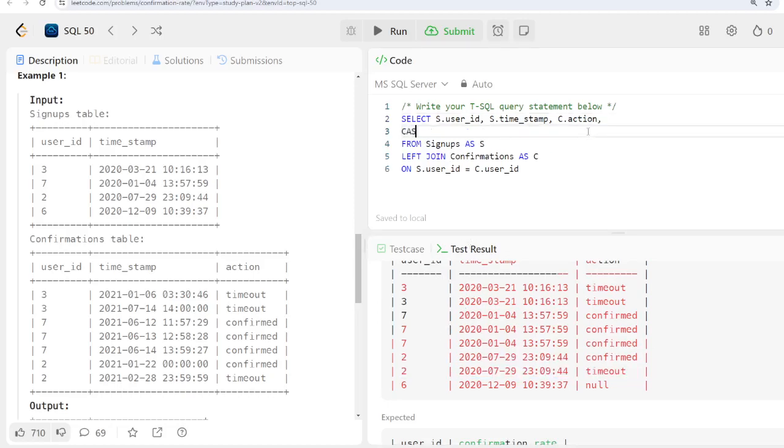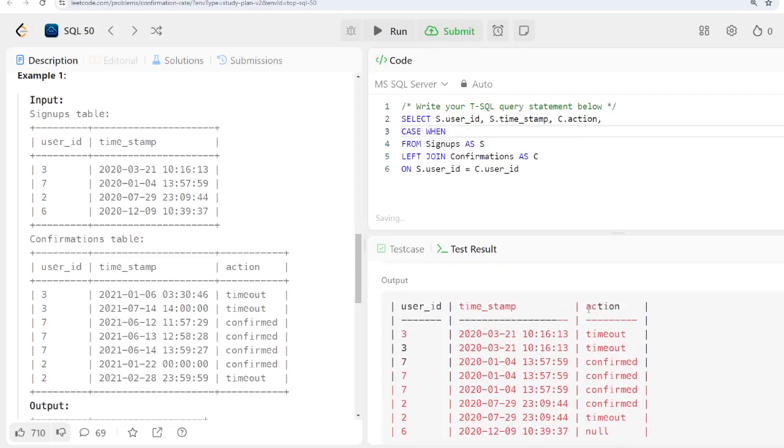So I can use the case statement. So I can say case when this action is equal to confirmed, then 1, else 0, and END.